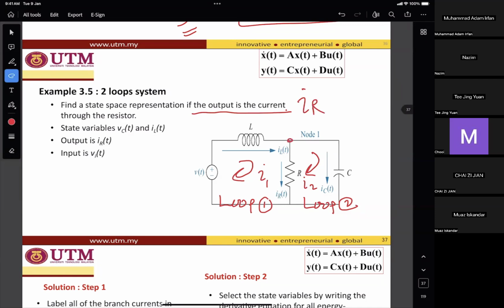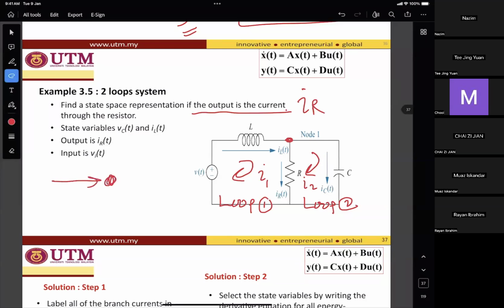There is a node here. This one is IL, this one is IC, and this one is IR.